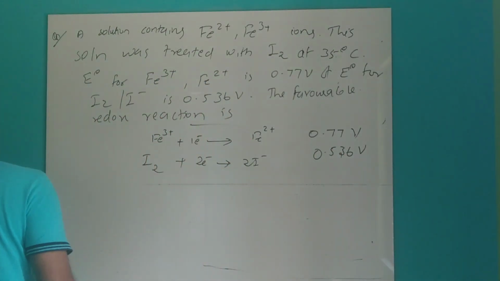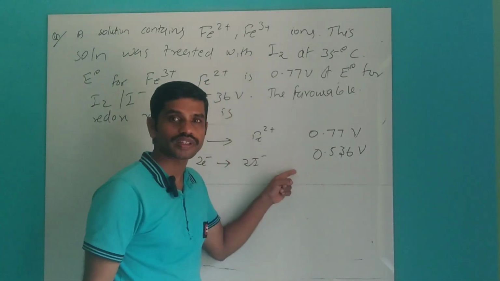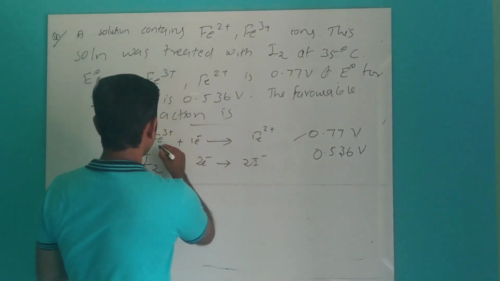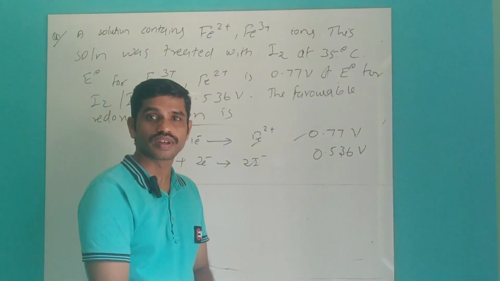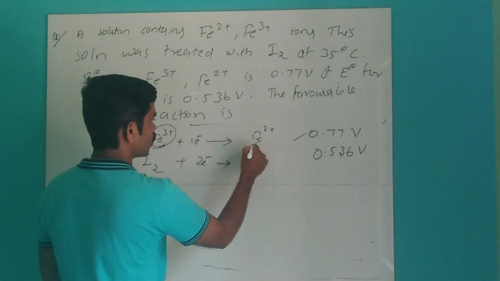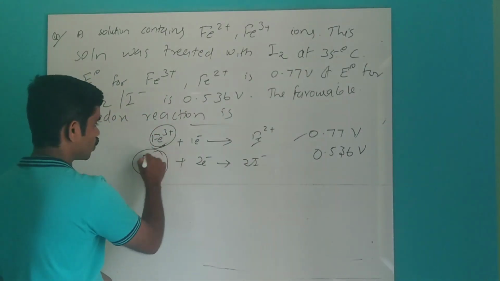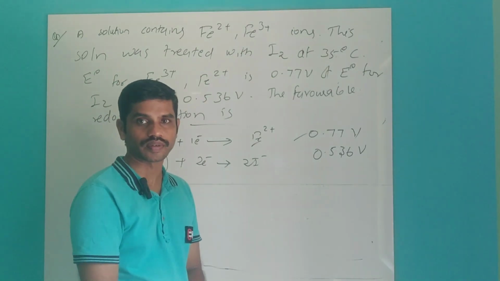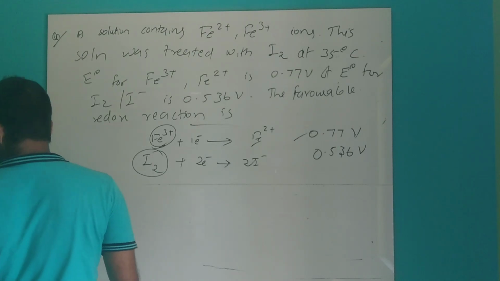You compare this value, which is the higher value, this one. So Fe3+ to Fe2+, it will undergo reduction. So Fe3+ will undergo reduction and I2 will undergo oxidation. That is the correct answer.